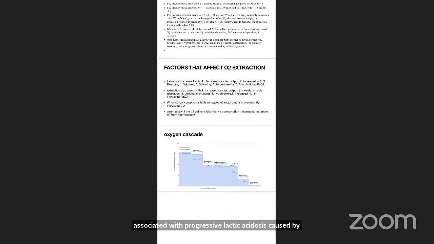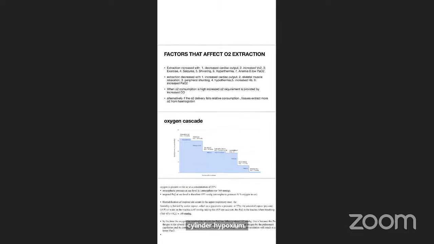Now, what are the factors that affect the oxygen extraction? Extraction can be increased with decreased cardiac output, increased oxygen consumption, third is exercise, fourth is seizures, fifth is shivering, sixth is hypothermia and anemia and low PaO2.